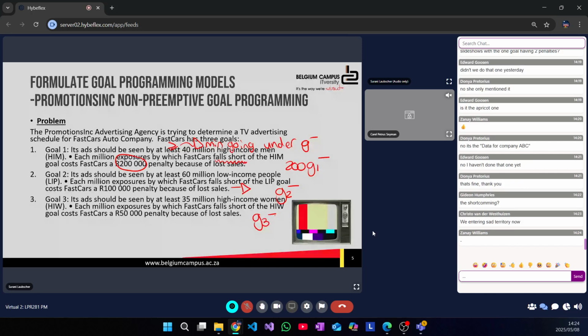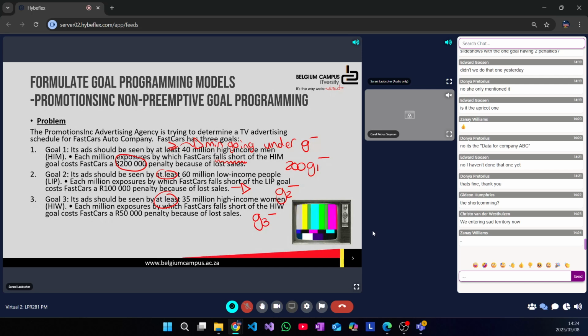Because all of them are at least. Okay. So don't go and say at least, oh, okay, that means plus. You're trying to minimize the deviation, meaning if it doesn't go above, I try to minimize whatever happens below. So think of it as opposite.